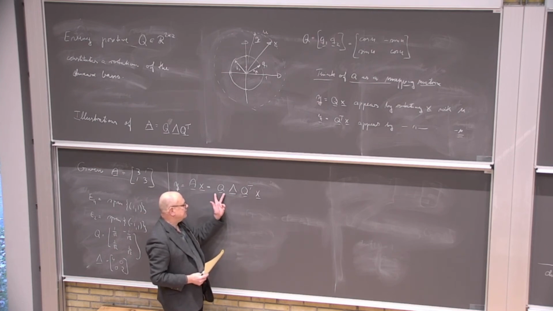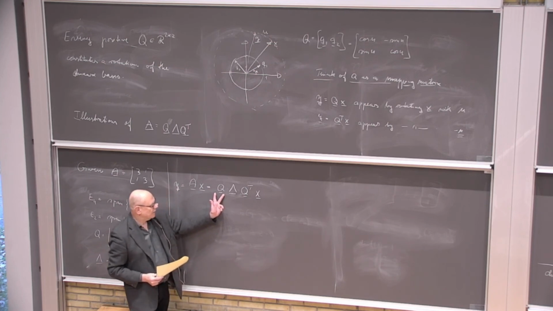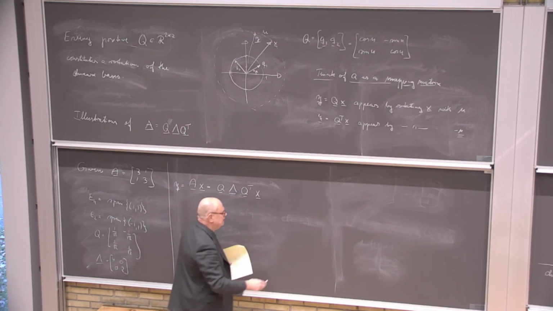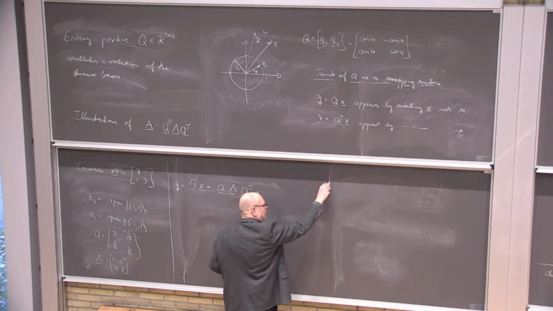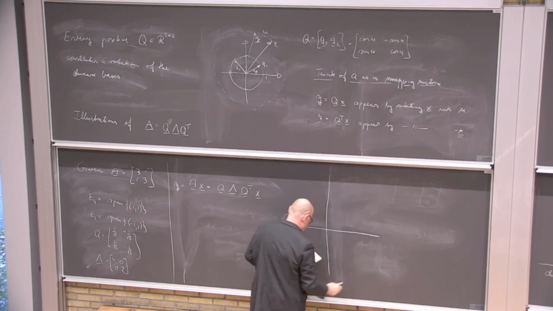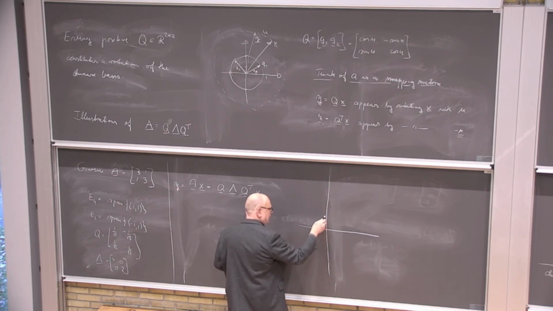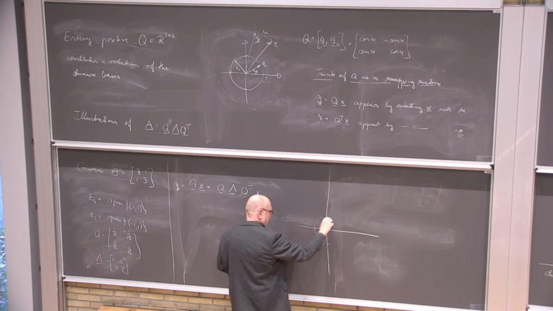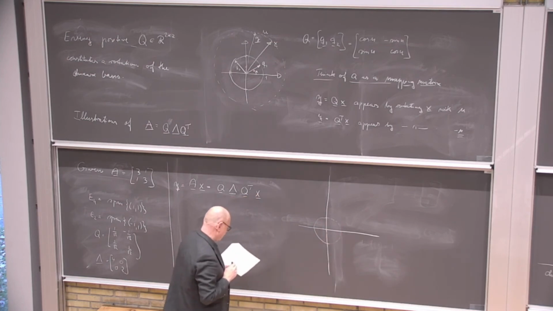And then this is also a rotation with the opposite sign as Q transpose. So let's see how that looks. So I draw here the unit circle, like this.